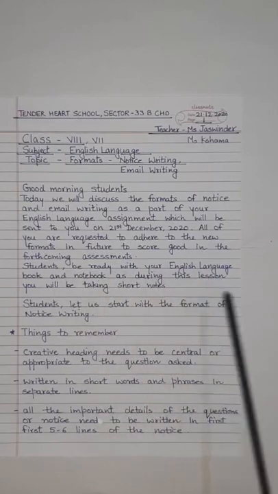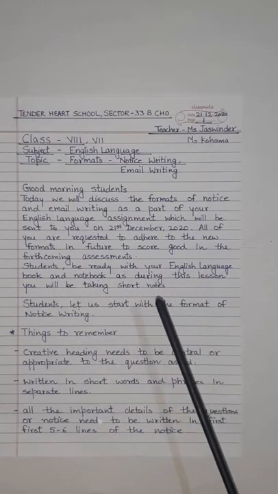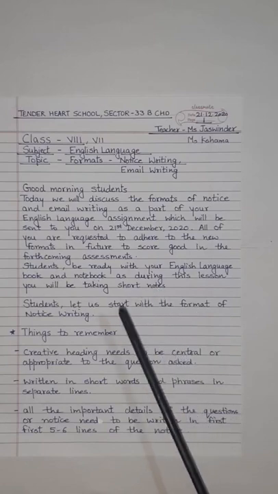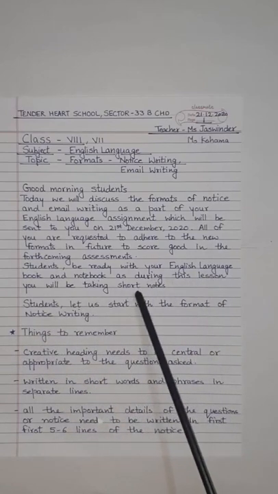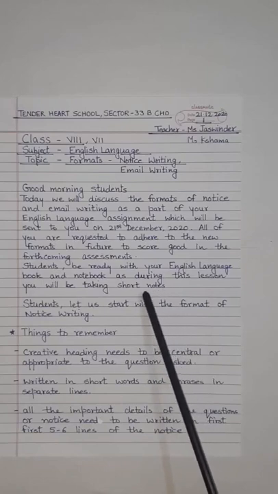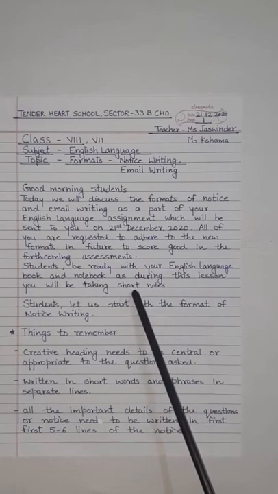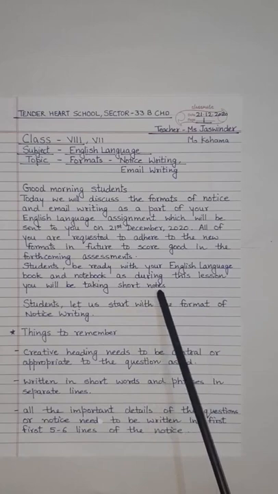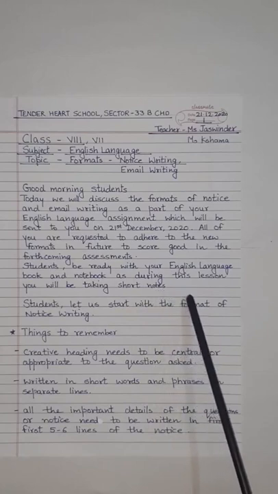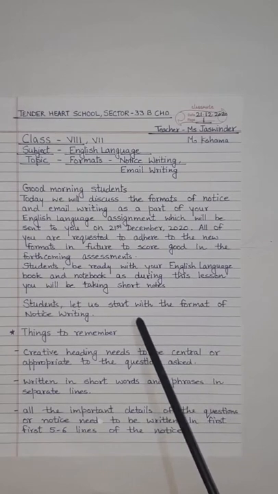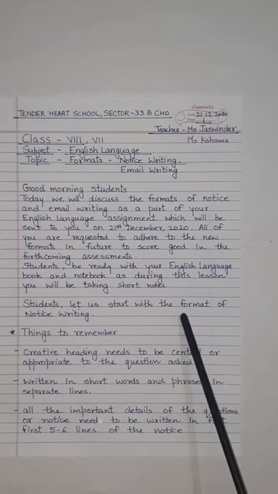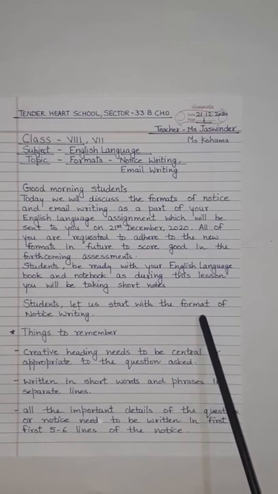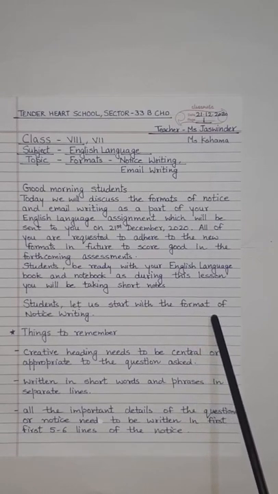Students, be ready with your practice notebooks as during this lesson you will be taking short notes. Students, in your previous classes, you were following the old format. Today, we will discuss the latest formats for notice writing and email writing.